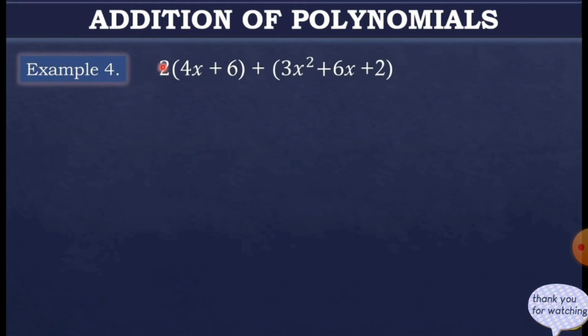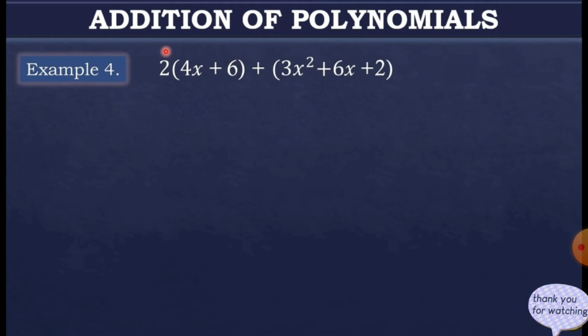So, we have here 2 times. Bakit multiplication? Kasi kapag may parenthesis, multiplication yung operation. So, 2 times 4x plus 6. Okay, so we will multiply 2 by 4x and by 6. No? So, we will apply the distribution property.